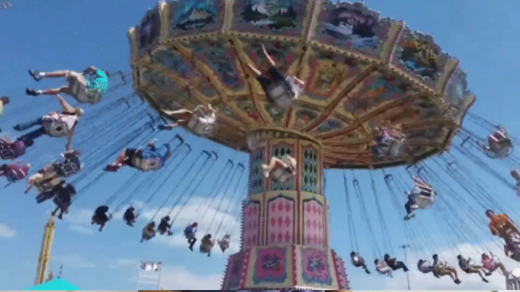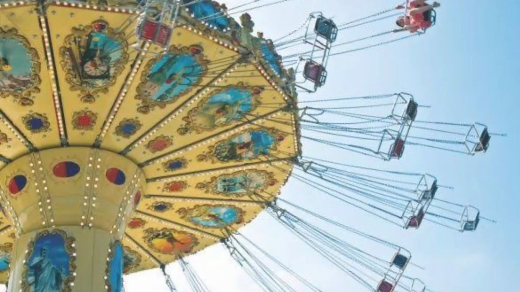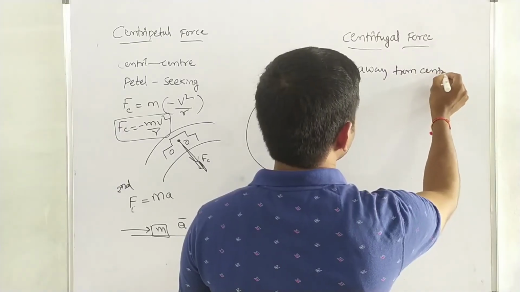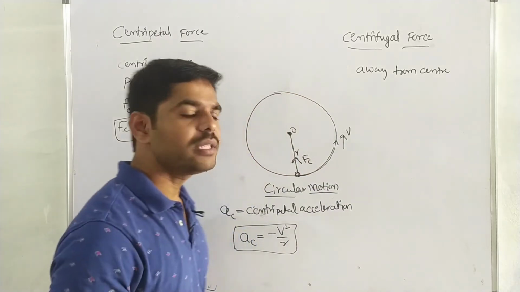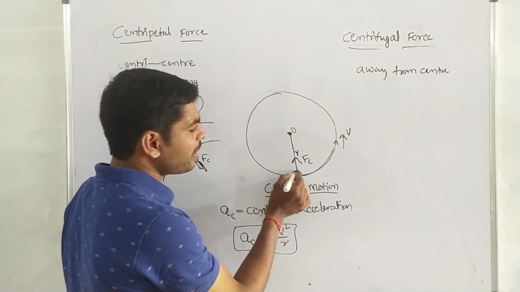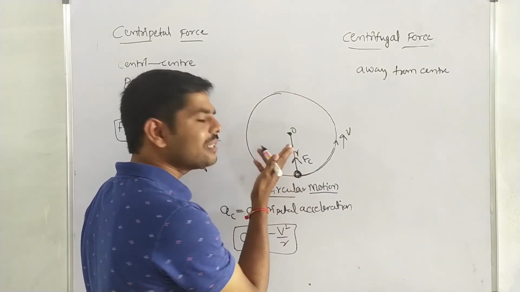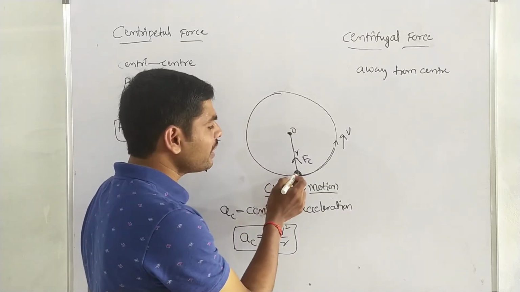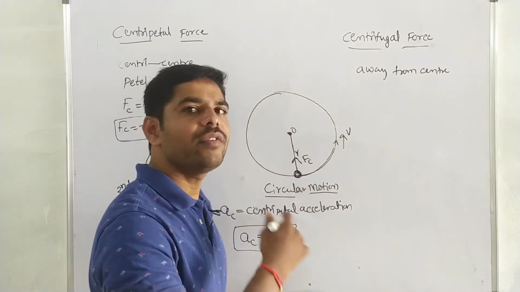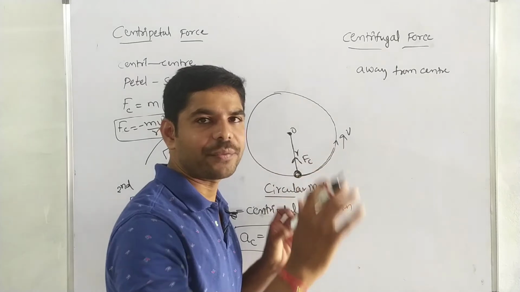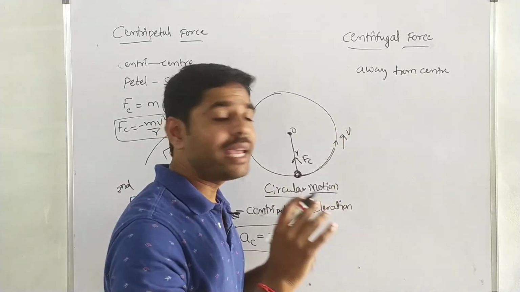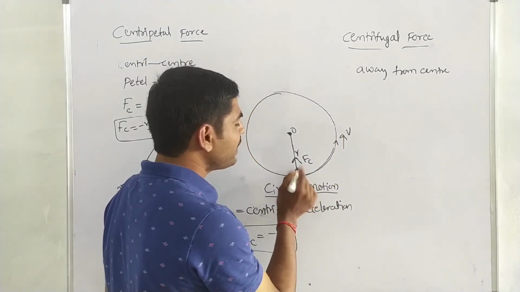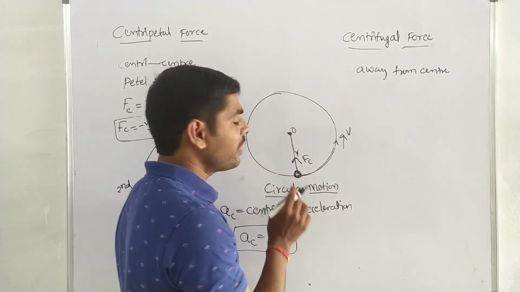Keep remembering one thing: the centripetal force will always act towards the center, but the centrifugal force will act away from the center. What I am trying to explain is, if an object is tied by a string and you cut the string, then the particle will never stay in circular motion, it will fly off.